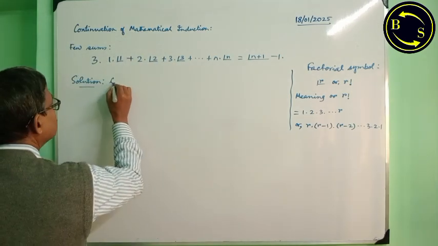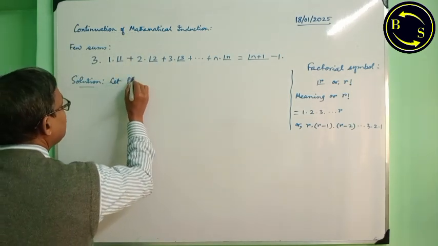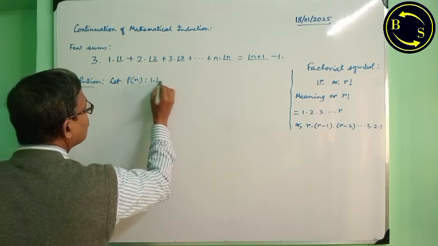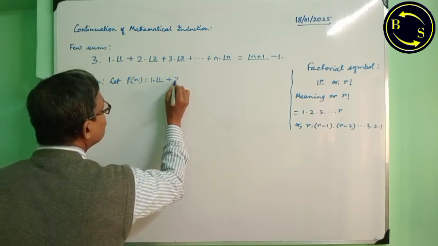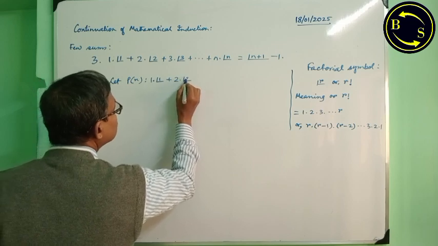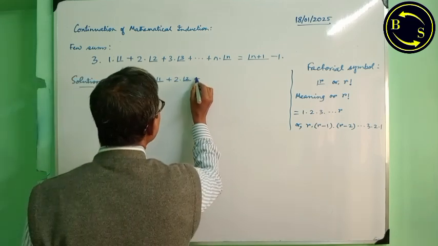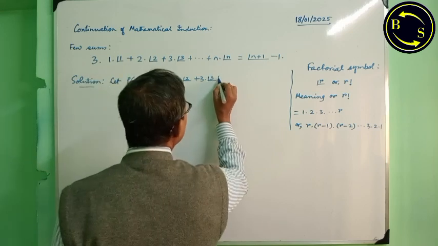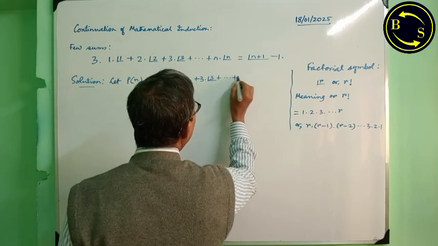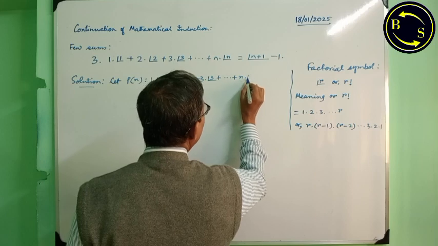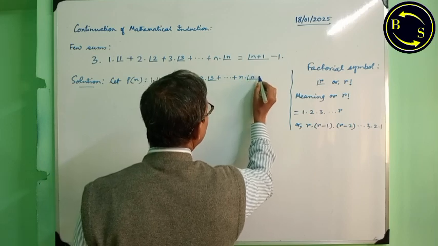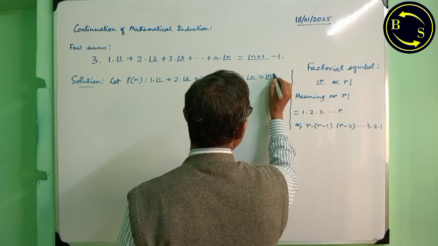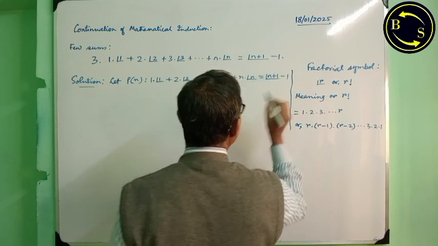Let Pn: 1 into 1 factorial plus 2 into 2 factorial plus 3 into 3 factorial plus dot dot dot plus n into n factorial is equal to factorial n plus 1 minus 1.